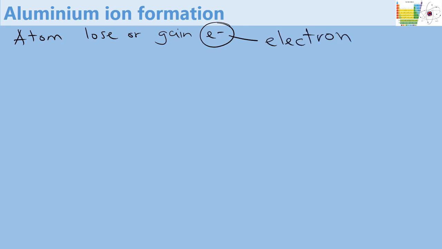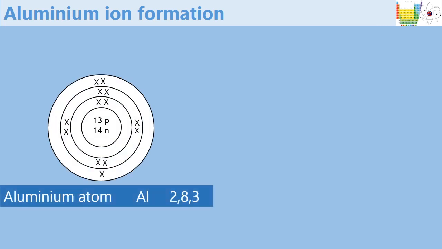It's just a letter e with a negative sign superscript. When atoms gain or lose electrons, they form ions. So in this case, we're going to describe aluminium ion formation. We always have to start with the atom.